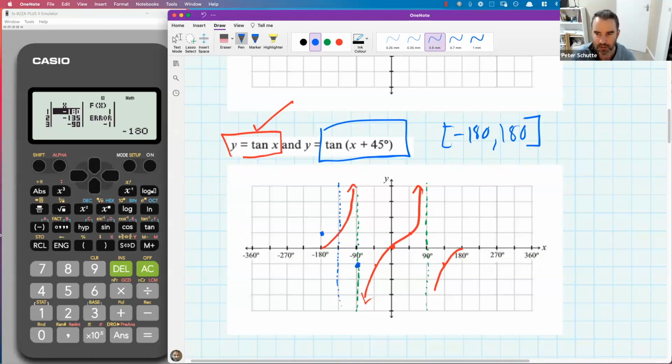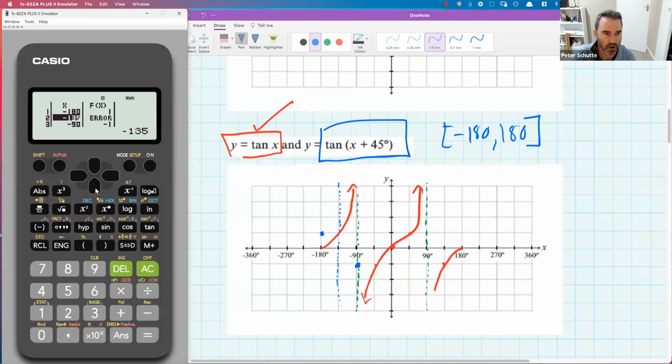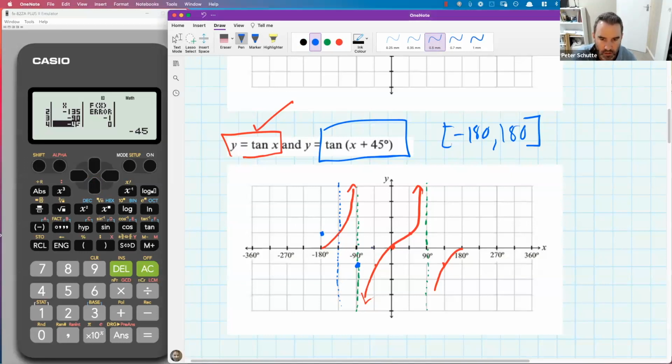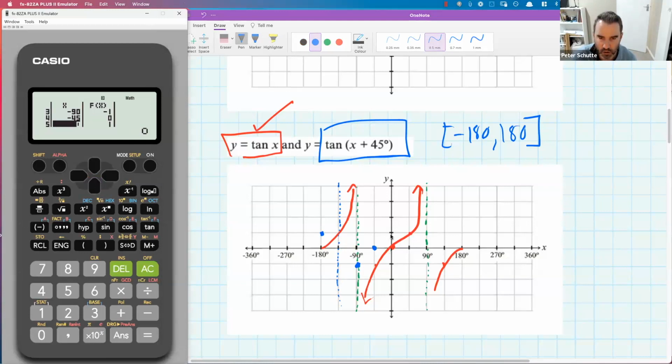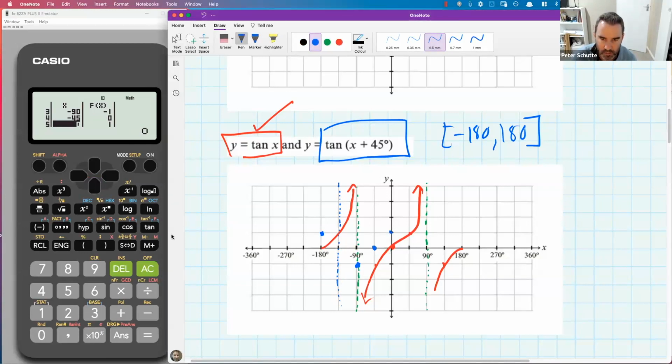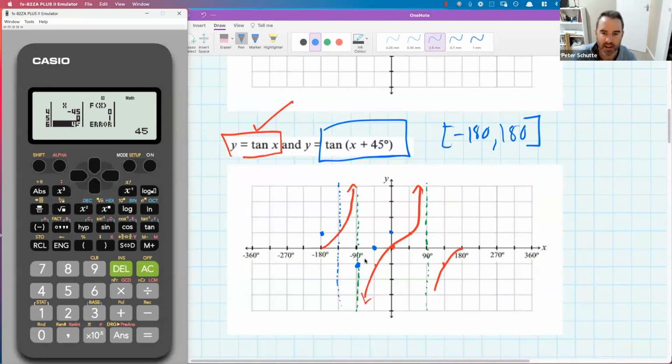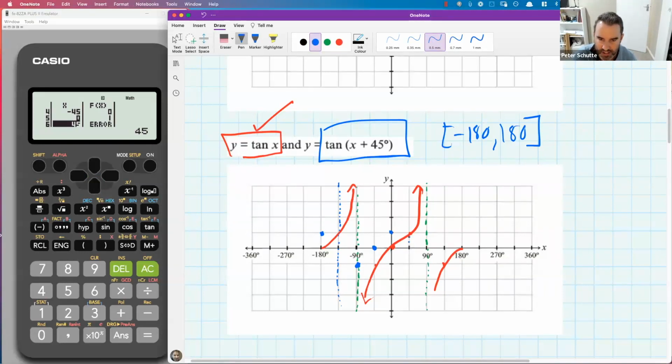So this is actually a little bit confusing, but I'm just going to follow the dots because that's why my calculator is my friend. Minus 45, 0. Then I have 0, 1, which is here. Then I have 45 error, which means that actually for this graph, I'm going to have dots there.